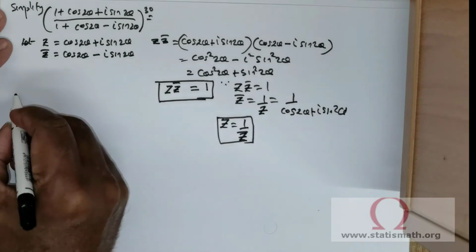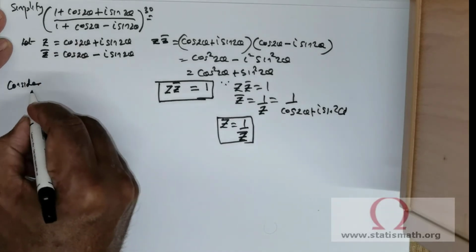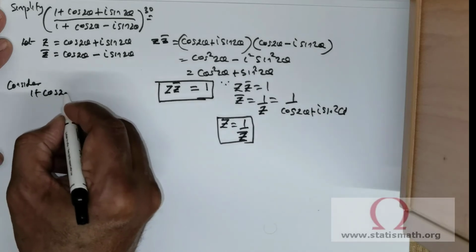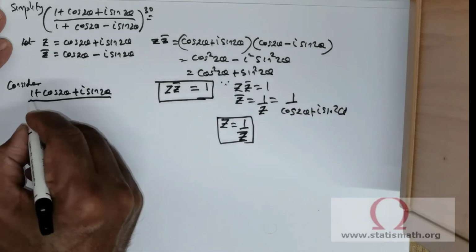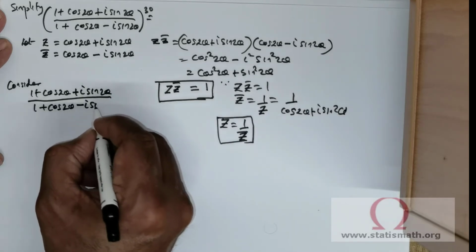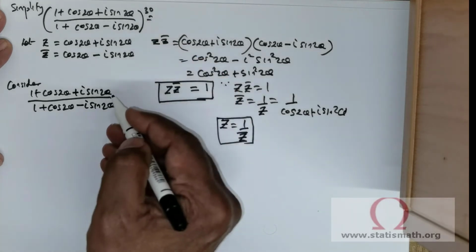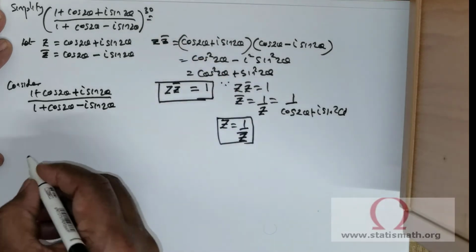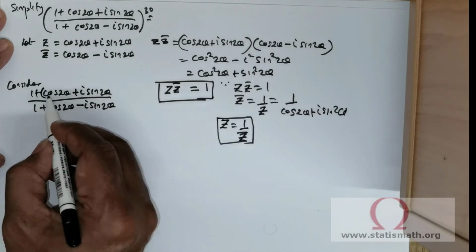So let us consider the given question. Consider (1 + cos 2θ + i sin 2θ) divided by (1 + cos 2θ − i sin 2θ). I'm not taking the power as of now, so I would first simplify this. Now, what is this?